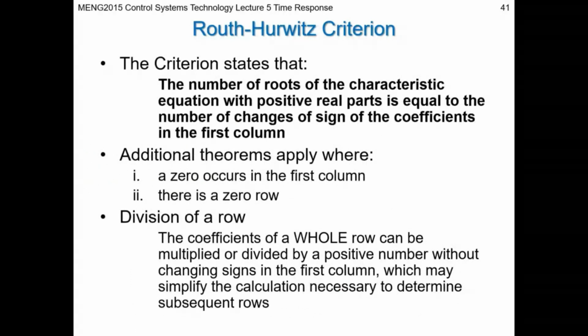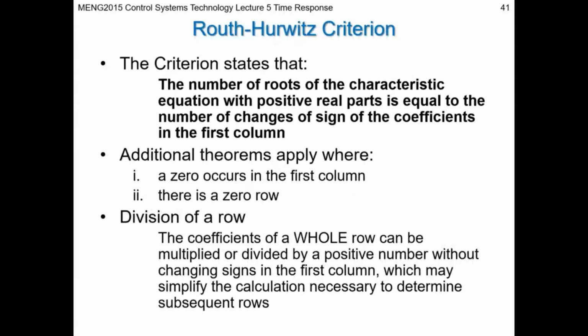So that's the main criterion, but there are additional theorems which we would apply if we have certain conditions. For instance, if a 0 occurs in the first column, or if there's a 0 row. Those would be additional conditions, which we're not going to go into.